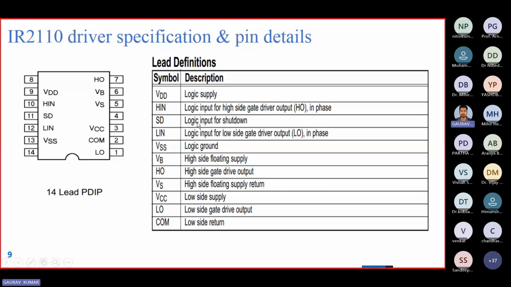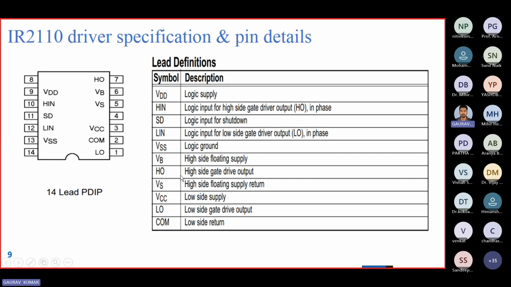It is a logic input for shutdown. HO is the output of the higher side MOSFET. LO is the output of the lower side MOSFET. VCC is the 5 volt supply. This is the COM for the common ground.